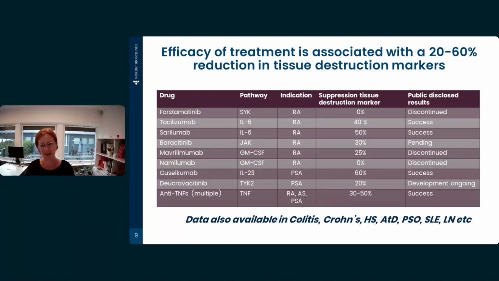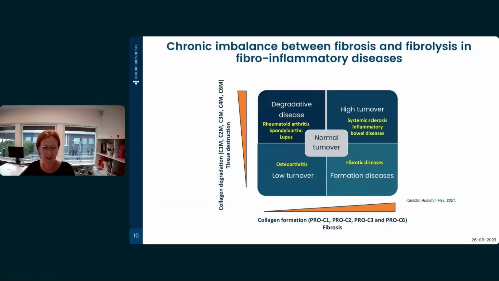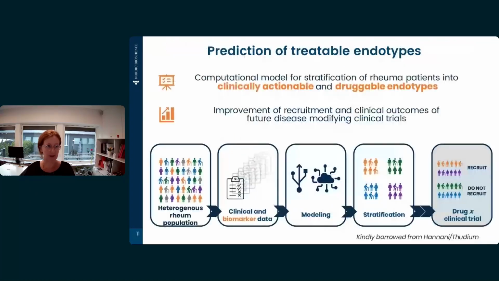We need to modulate the tissue, not only the immune cell pathway, but also the tissue that's really being affected by the disease. So let me go back to where I started. What we observed is that there are these chronic imbalances between fibrosis and fibrolysis in fibroinflammatory diseases and also in rheumatic diseases. So we wanted to look at different endotypes.